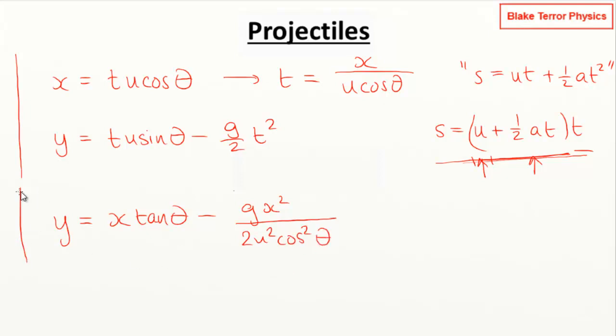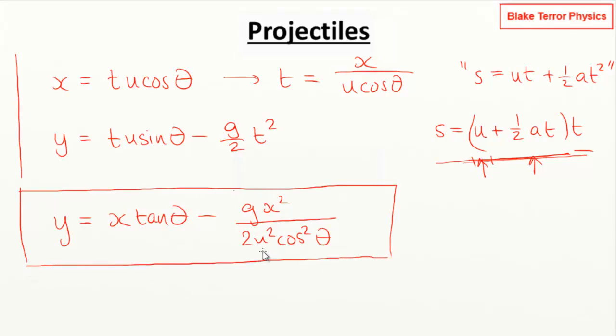So we can use this general Cartesian format. This is the equation of the parabola that a projectile moves along. So we've got the path of the projectile which is described by this function. It's a negative quadratic because we've got a negative x squared term.